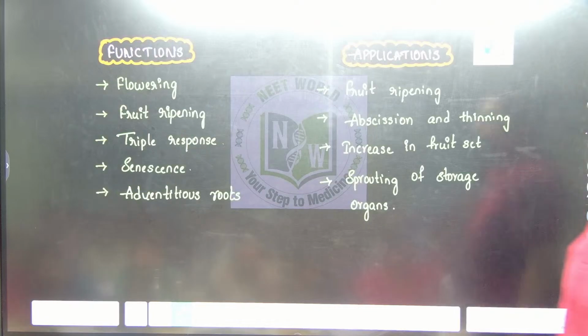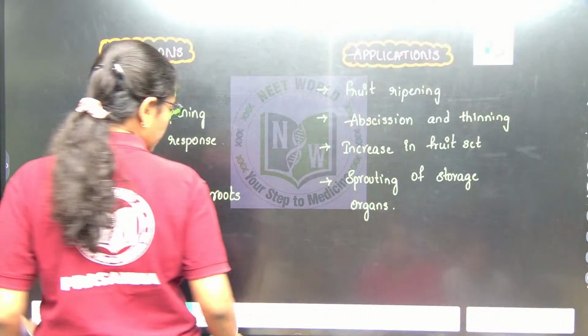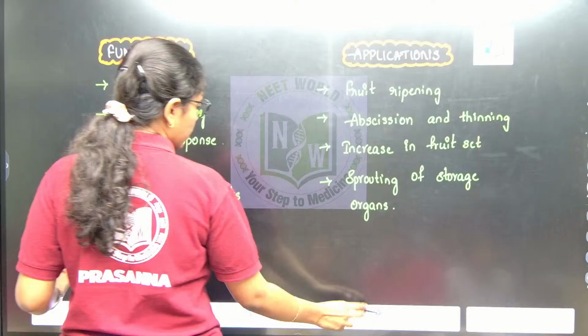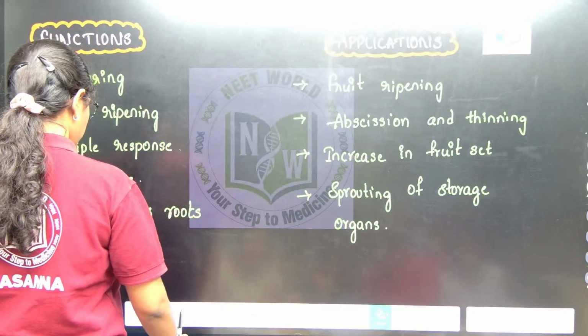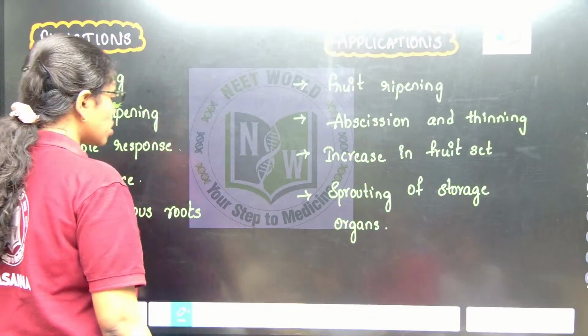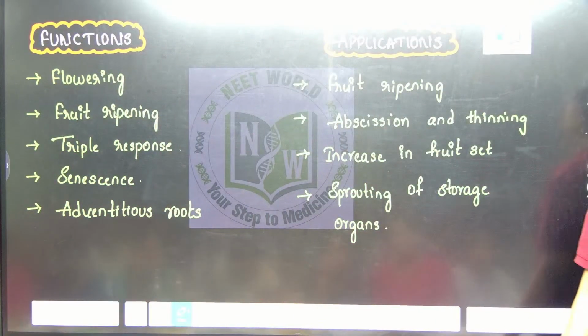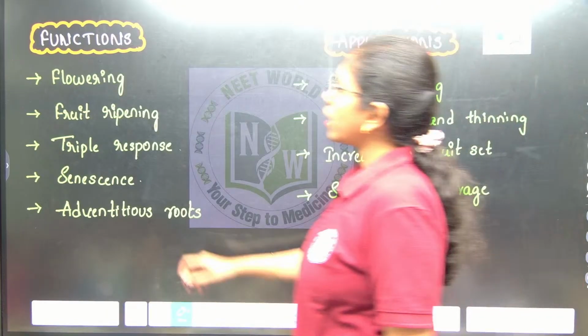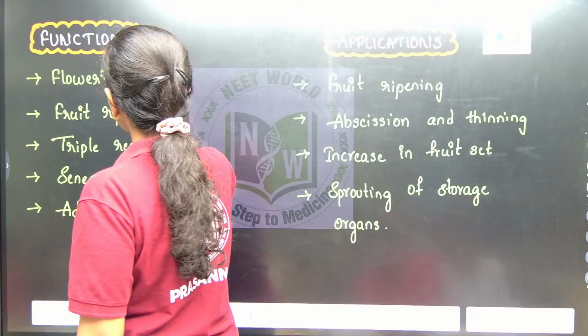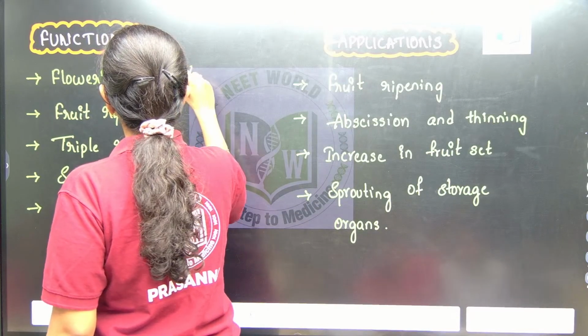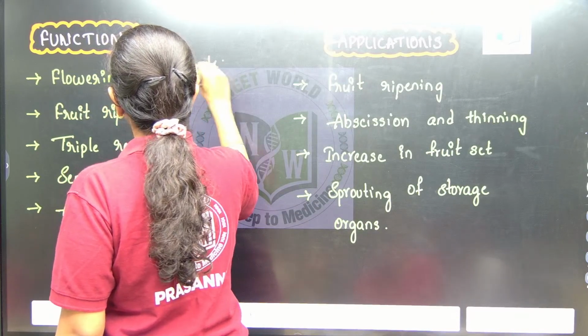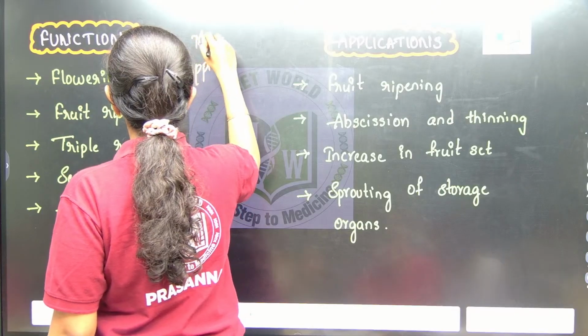Here we go with the functions of ethylene. What is the precursor of ethylene? Methionine. Okay, and its derivatives are gaseous hydrocarbons. First, it promotes flowering in pineapple and mangoes as well.